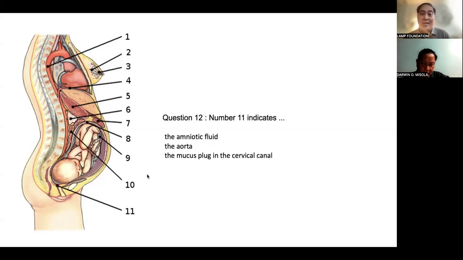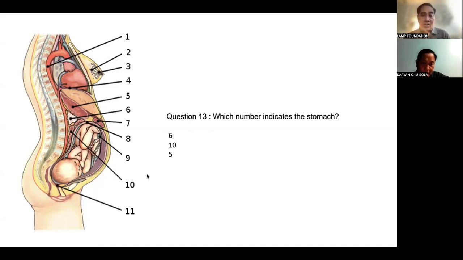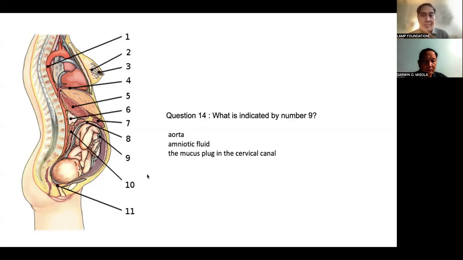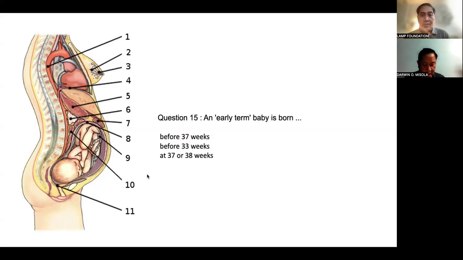Number 11 indicates cervical canal, the mucus plug in the cervical canal. Which number indicates the stomach? Number 5. What is indicated by number 9? Amniotic fluid. An early term baby is born at 37 or 38 weeks.